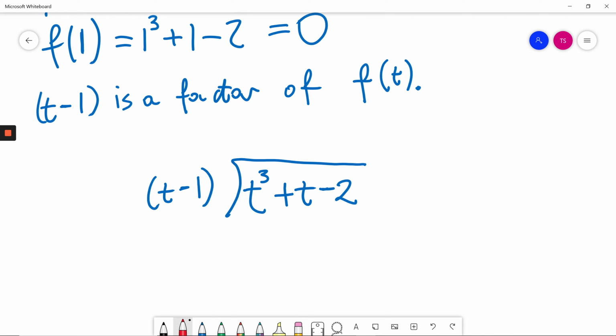So t cubed divided by t, this is t squared, and t squared times t minus 1 will be t cubed minus t squared, and I will subtract it.